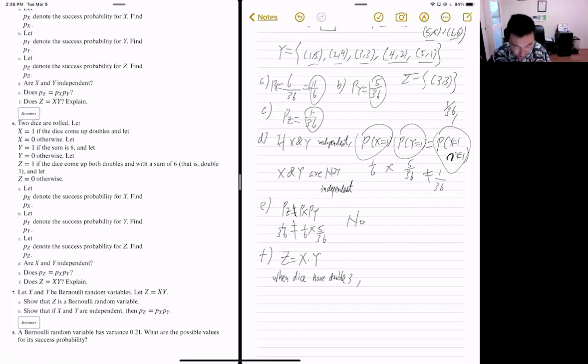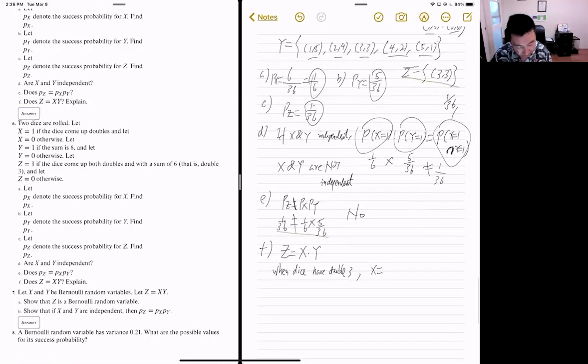When it is double 3, let's check x. x is defined as the dice coming up with doubles, so when it is double 3, x equals 1. And y equals 1 when the sum is 6. With a double 3, 3 plus 3 is 6, so y equals 1. And z equals 1 when it has double 3. So in this scenario, z is equal to x times y. Check.